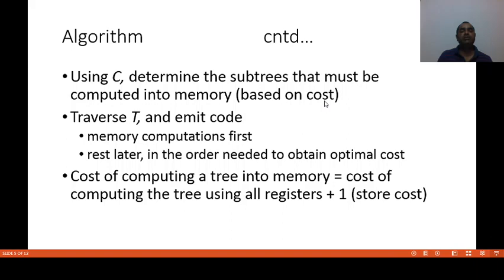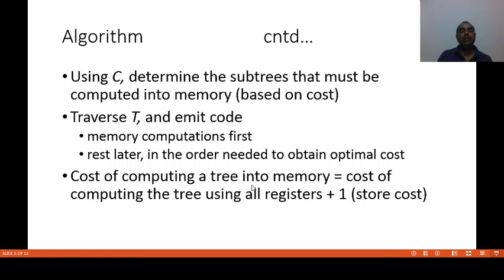It is decided based on the cost. Traverse T and emit code. Memory computations are given priority. That means first memory computations are performed, the rest later in the order needed to obtain optimal cost.